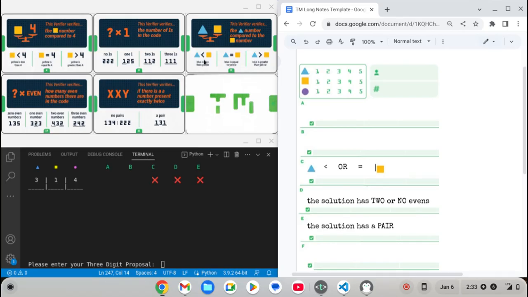And notice also, among the 5 criteria cards, circle is not mentioned. So somehow that circle digit will have to be forced. Now, other than the pair, maybe there might be a 1, there might be 2 evens, it's hard to pinpoint what that could be.